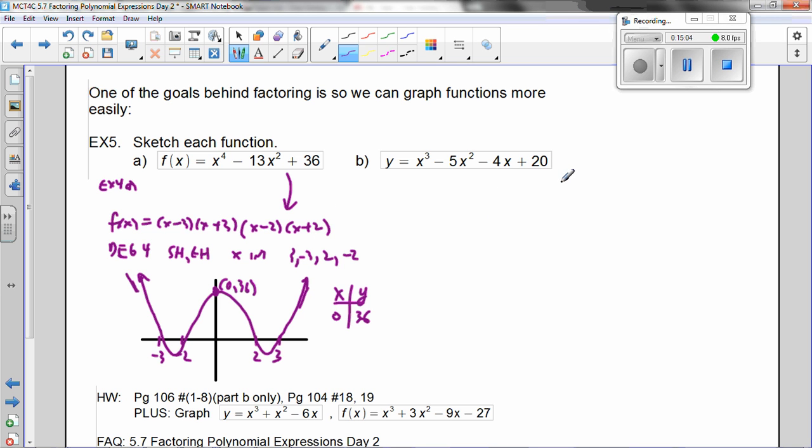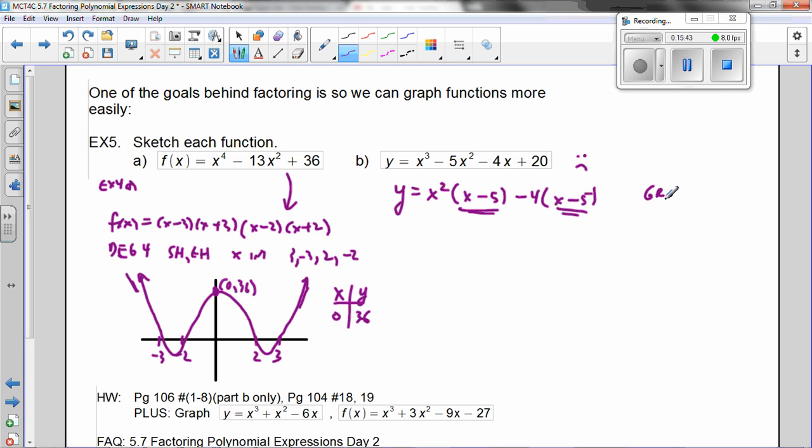This one, how do we factor this? Well, maybe we'll try one of our factoring techniques from this week. Notice I don't see any difference of squares, and I don't see that it's quadratic form, but what I do see is it looks like I can do some grouping. If I took out x squared from the first part, and I took out a -4 from the second part, see that -4 goes into that, and -4 goes into 20 minus 5 times, and then I have a common factor that's left over.